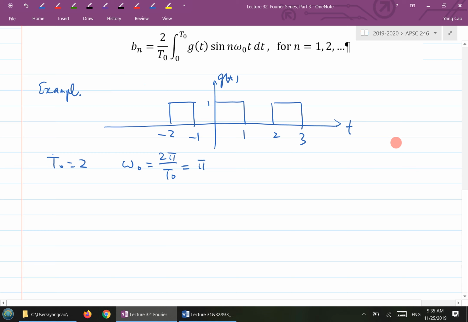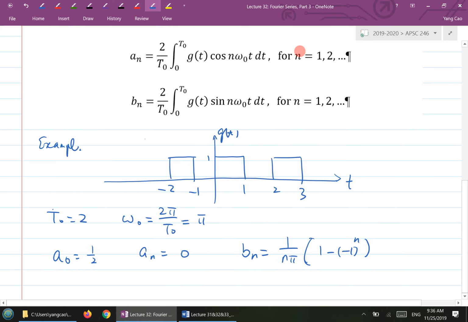We calculated a naught, which is 1/2, and an turned out to be 0. And bn turned out to be 1 over n pi times (1 minus (-1) to the power of n). Those are the results for a naught, an, and bn, using the formulas listed here to get these three coefficients.